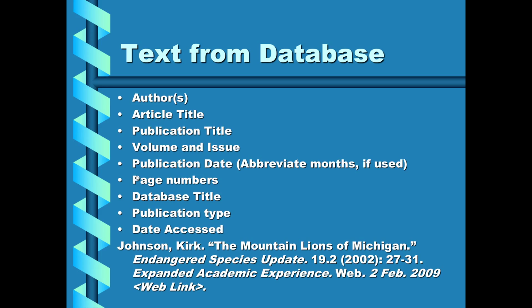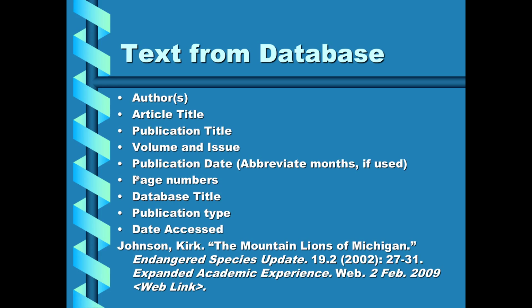So notice that after the page numbers here, we have the title of this database, which in this case is Expanded Academic Experience. Notice that the title of the database is italicized. And then I do want to explain the word web.